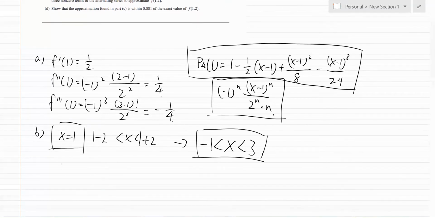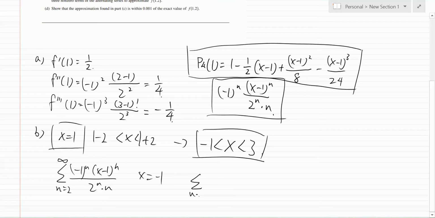So we use the sum from n equals 2 to infinity of the general term, -1 to the nth times (x minus 1) to the nth over 2 to the nth times n, and we plug x equals -1 into it.